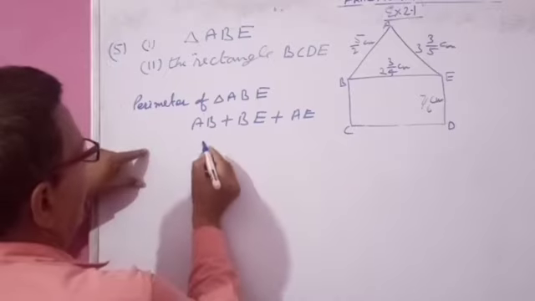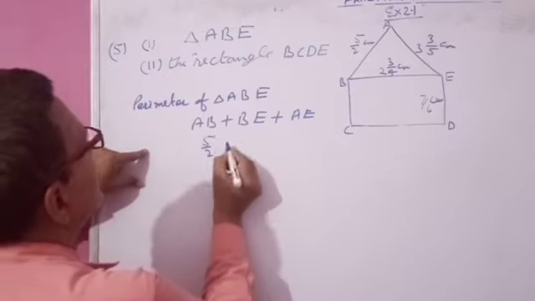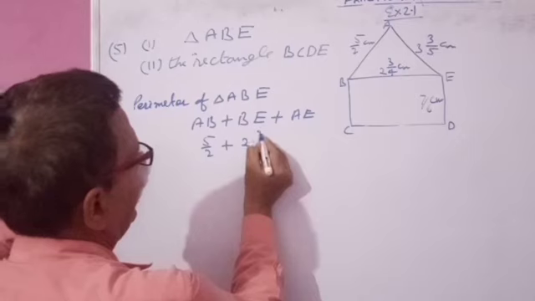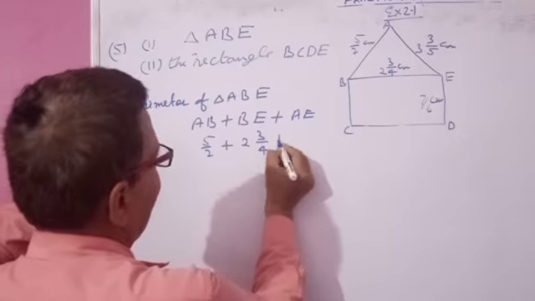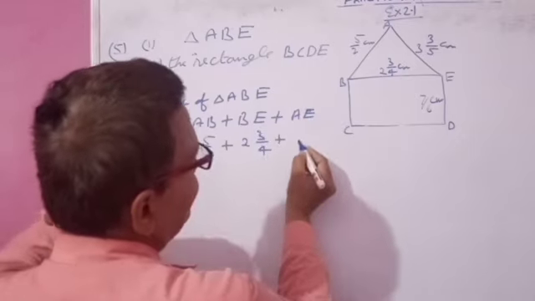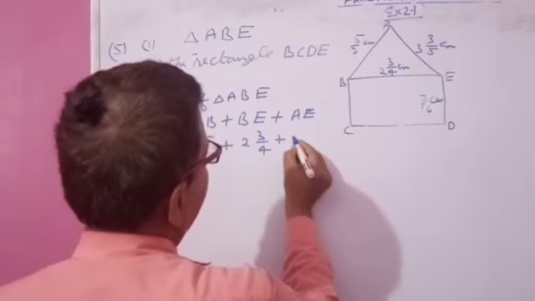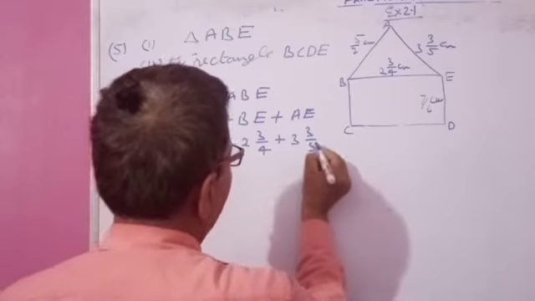And the value of AB is 5 upon 2, BE is 2 whole 3 upon 4, and the value of AE is 3 whole 3 upon 5.